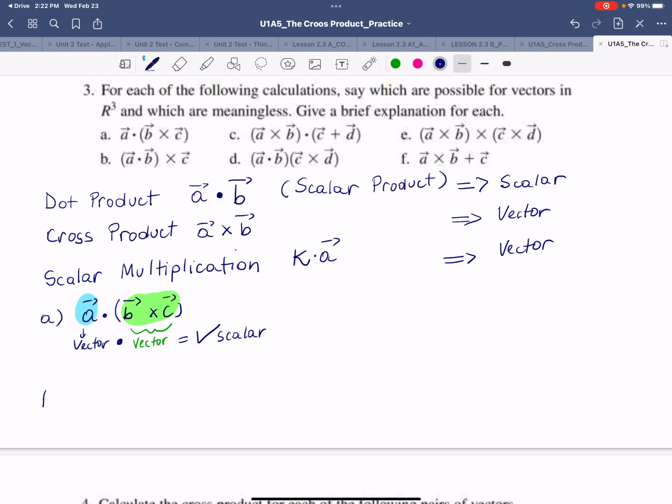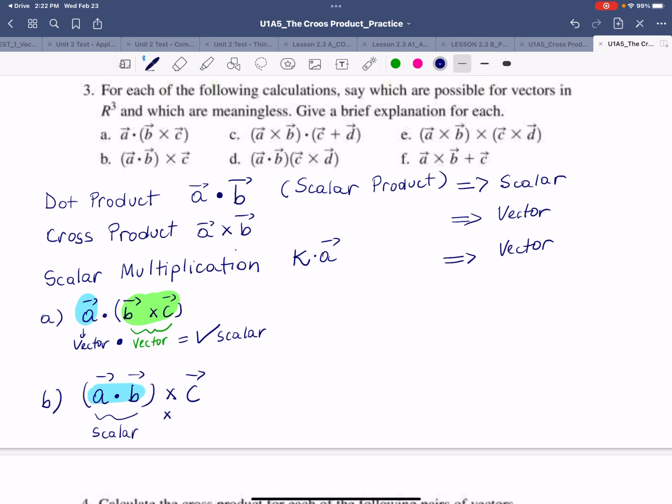Moving on to the next question, which is A dot B, and this will cross C. That would be question B. Let's take a look at this. We have to focus first on A dot B. A dot B is the dot product of two vectors, so this will give a scalar.